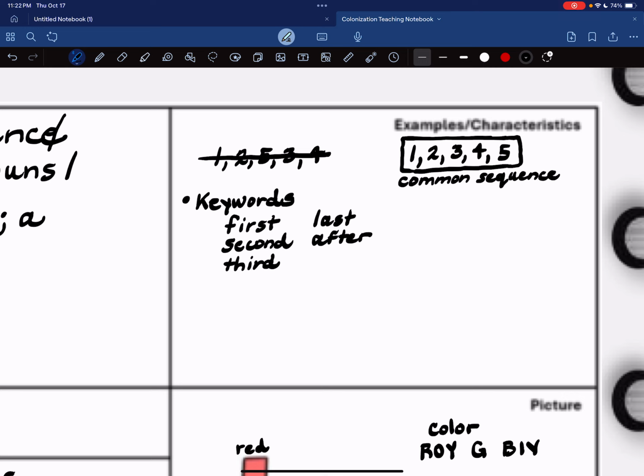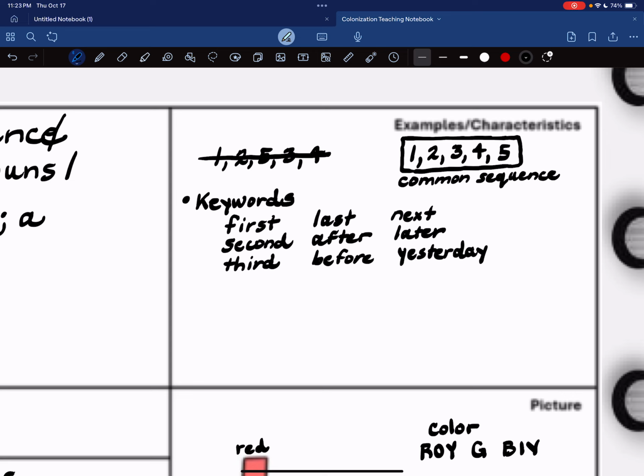What's the opposite of last? First. What's the opposite of after? Before. Words like next. Even words like later. Or words like yesterday can help us understand the sequence of a story.